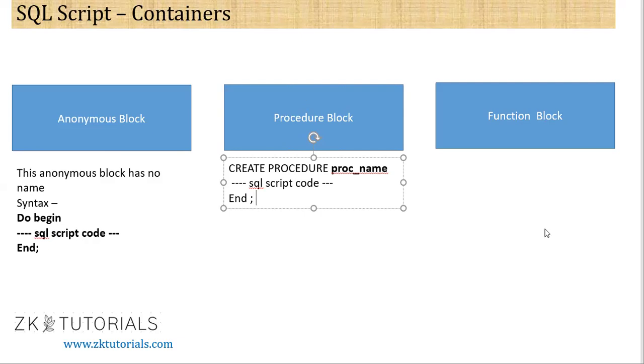Then here the input parameter name, then the input type, then the output parameter name, and here you write the type.